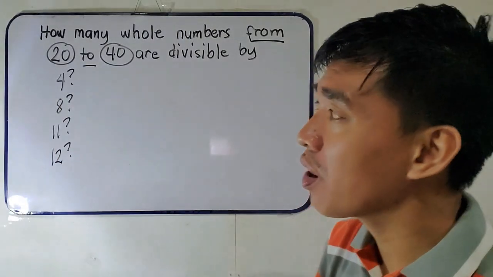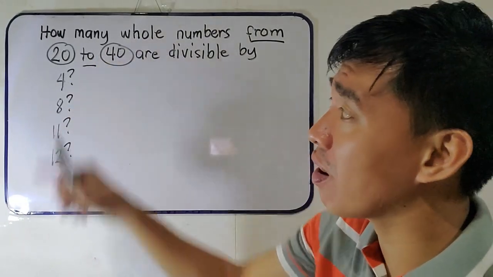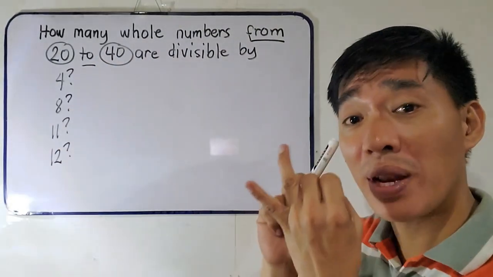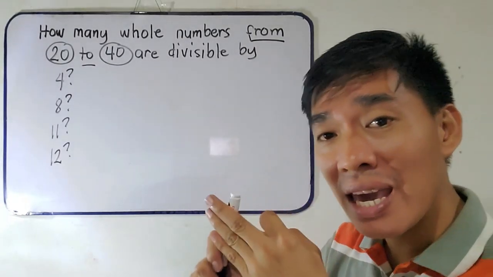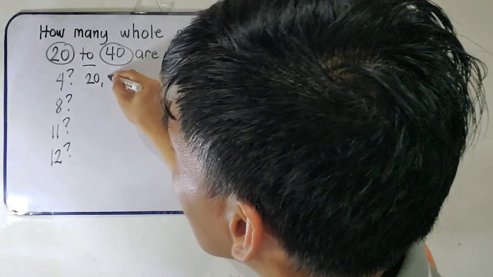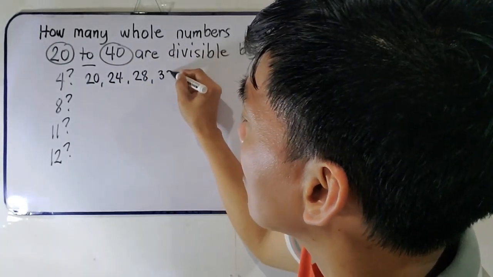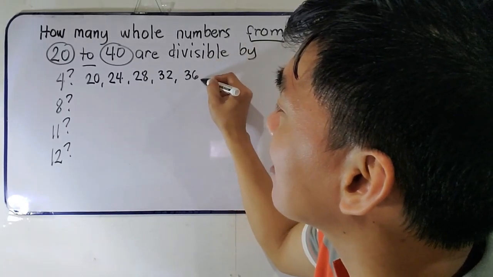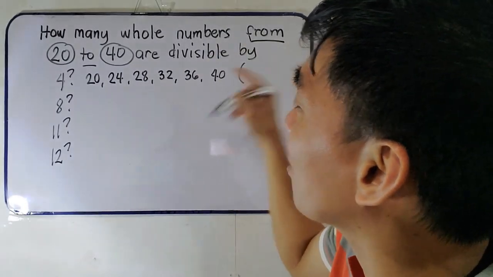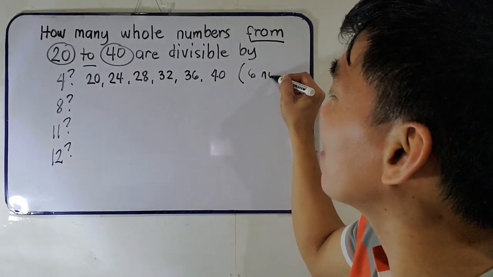So the numbers that are divisible by 4 here are 20, 24, 28. Let me list down those. 20, 24, 28, 32, 36, and 40. So 1, 2, 3, 4, 5, 6 numbers.